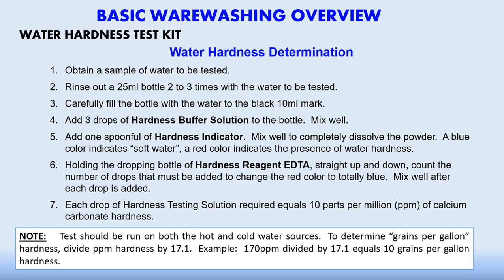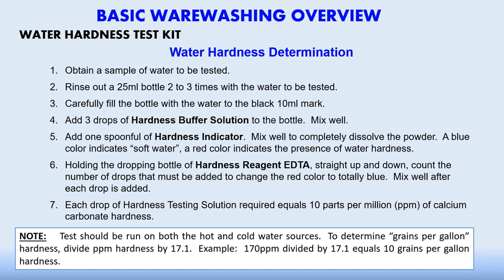Your test should run on both hot and cold water sources. To determine the grains per gallon of hardness, divide your parts per million of hardness by 17.1. So if we dropped 17 drops of hardness reagent EDTA, that would be equal to 170 parts per million.